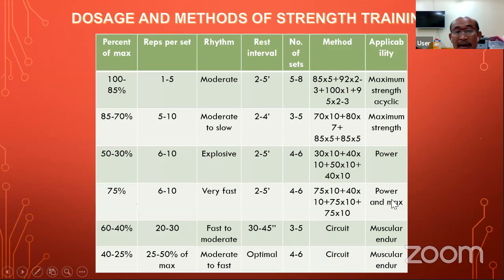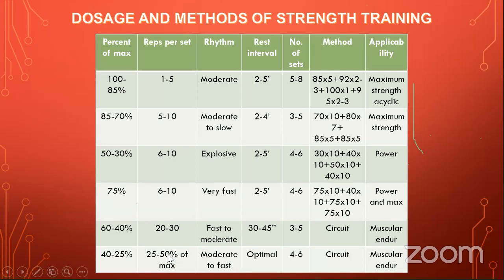Or maybe you can use 80% and 85% too, and you lift very fast, also you get maximum power. 40 to 60% with 20 to 30 repetitions, and 25 to 40% of maximum, moderate to fast, you gain muscular endurance. Or if you do faster, maybe you gain power endurance training.